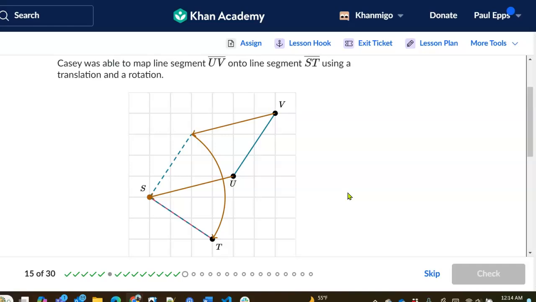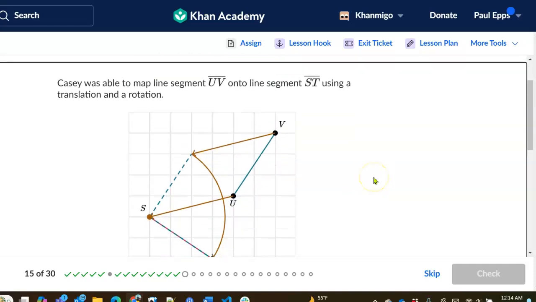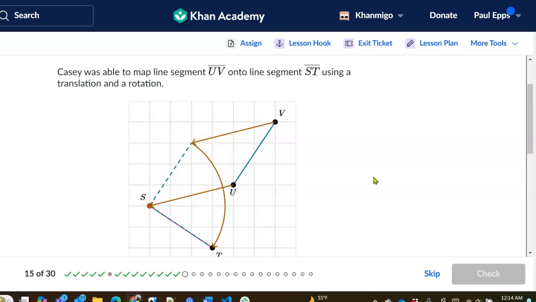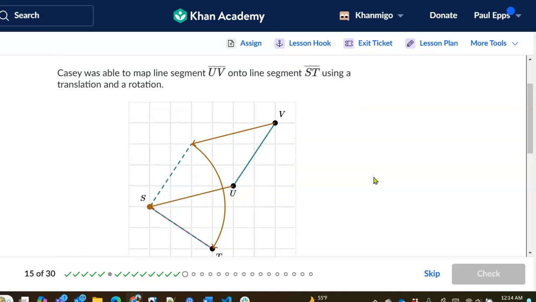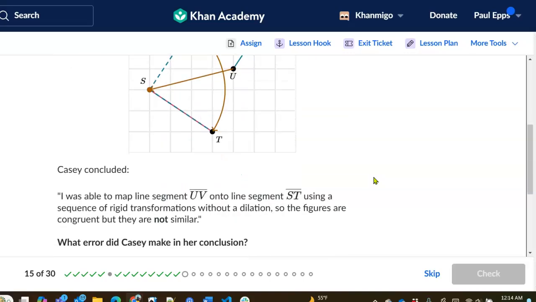Casey was able to map line segment UV onto line segment ST using a translation and a rotation.